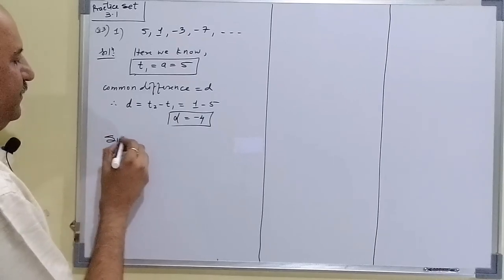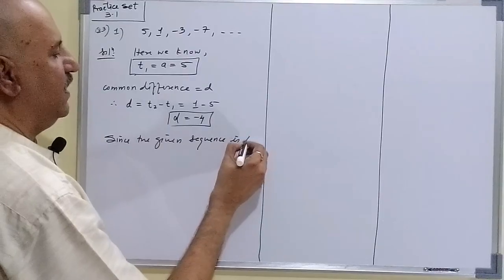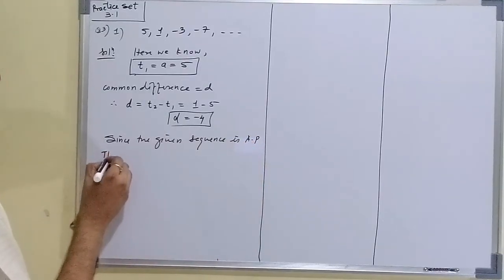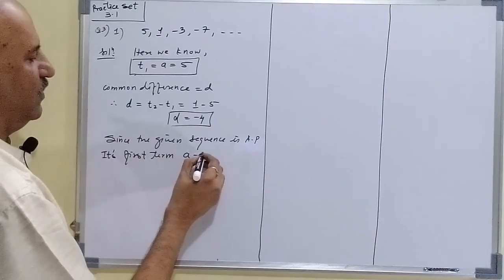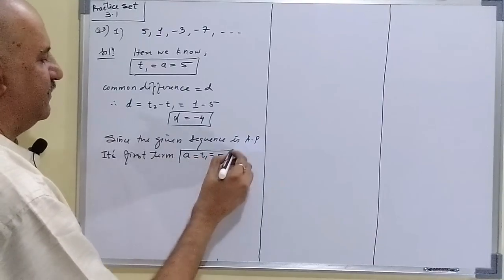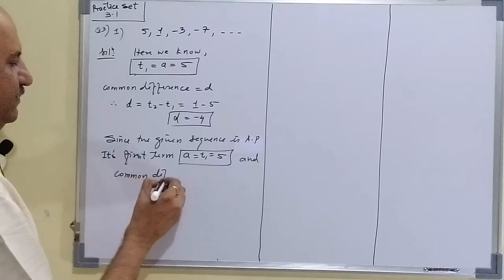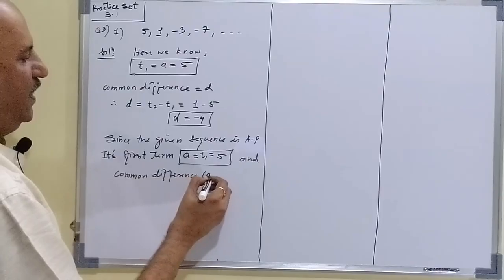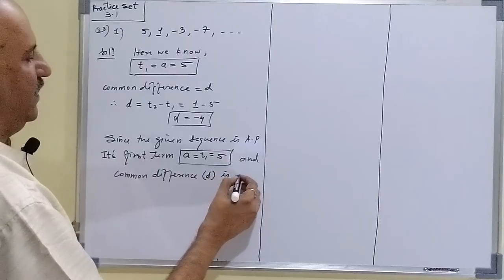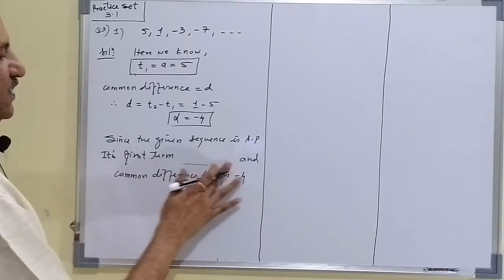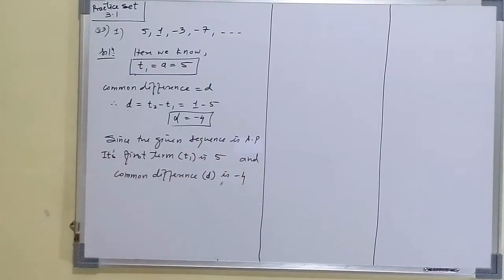Since the given sequence is AP, its first term A equal to T1 is 5 and common difference D is minus 4. तो हम इसको लिख सकते हैं फर्स्ट टर्म T1 is 5 and common difference D is minus 4.